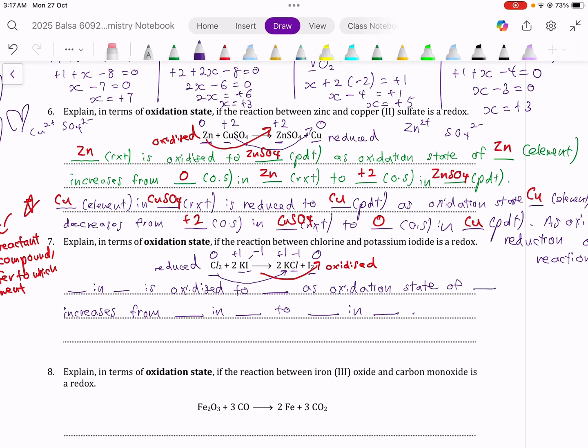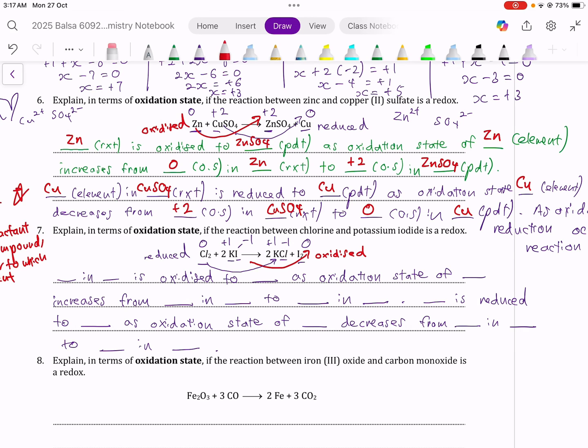Then next thing is the Cl2 part is reduced to which product, as oxidation state of whichever element decreases from whichever oxidation state in whichever reactant to whichever oxidation state in which product.